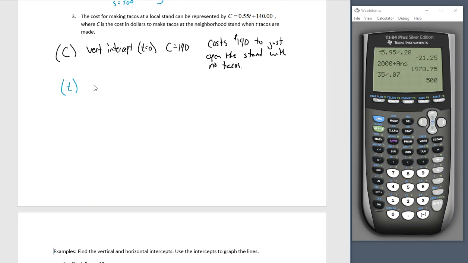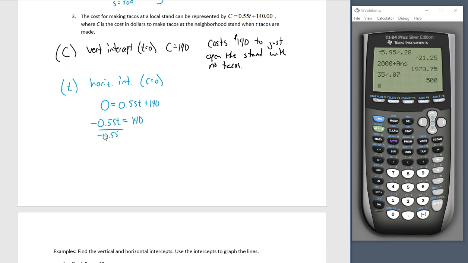All right, T is going to be our horizontal intercept, always the input. So we're going to make our costs 0. The horizontal intercept in slope-intercept form is always the one that takes a little bit more time, a little bit more work. So let's subtract 0.55T from both sides. Let's divide by 0.55.